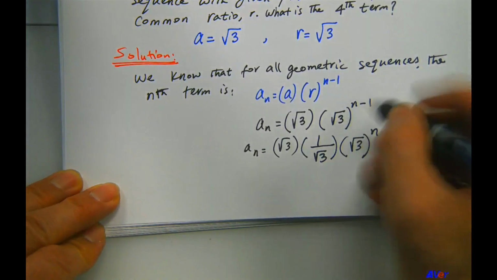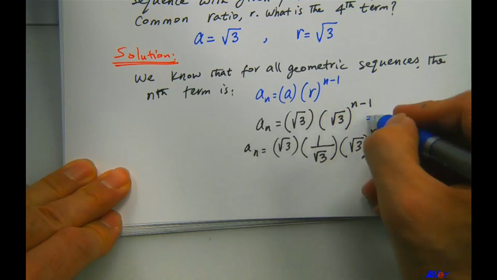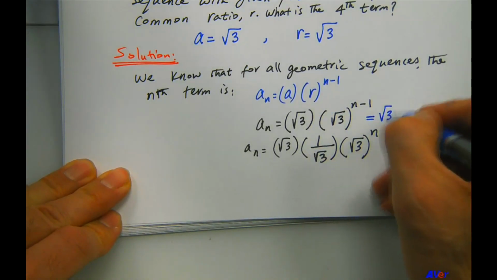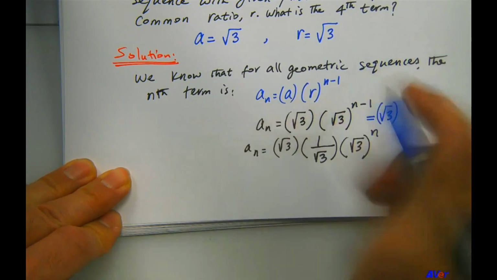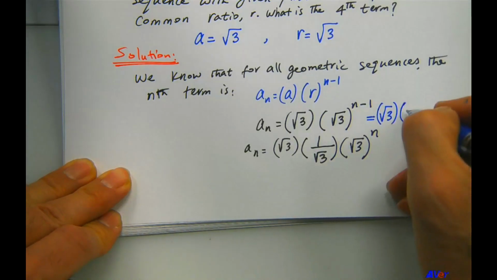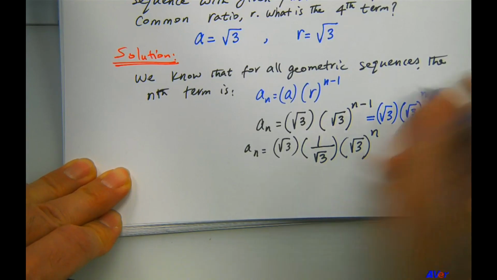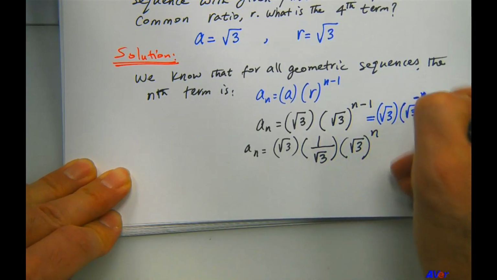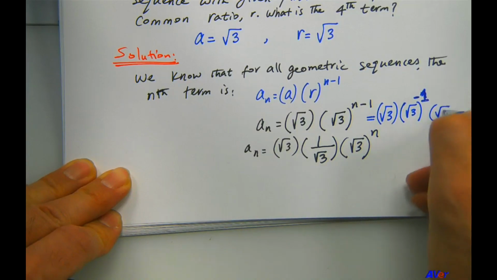So let me extend this. I hope I didn't confuse anybody by doing that. So square root of 3, that's the first one. You can split this term into two terms: to the minus 1 power times square root of 3 to the n power.